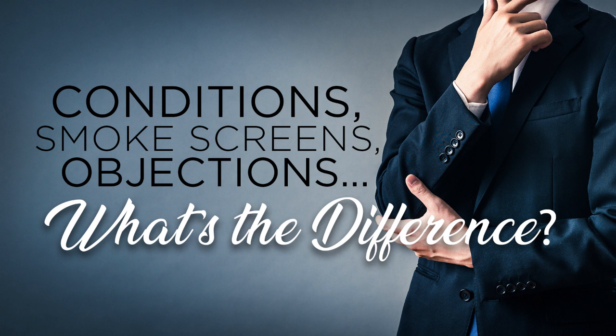So I may say, well, look, I understand that you're thinking of going with a different agent. You might have one already picked out in your mind. I would imagine, though, it probably doesn't really matter to you what agent you choose. What really matters is choosing the agent that can get you the most money. Is that correct? Well, yeah, I mean, basically, we just want the agent that can get us the most money. Well, good.